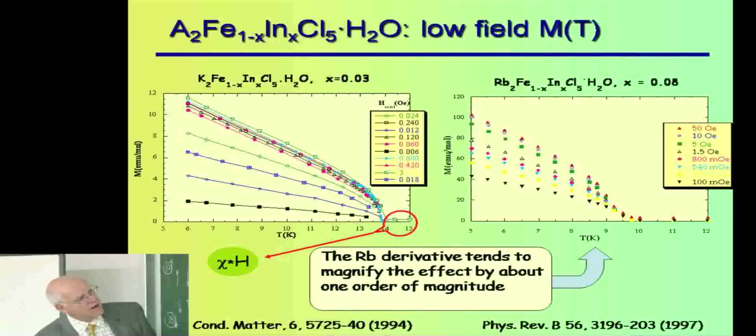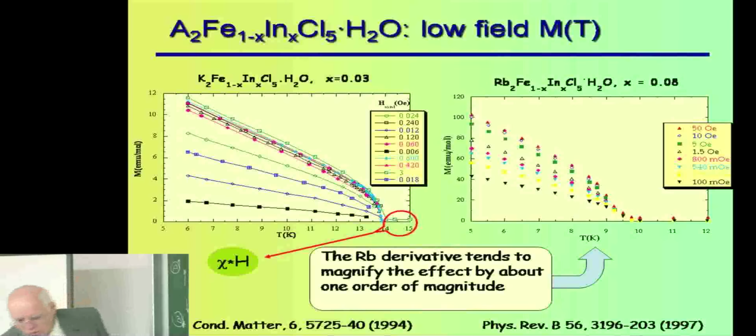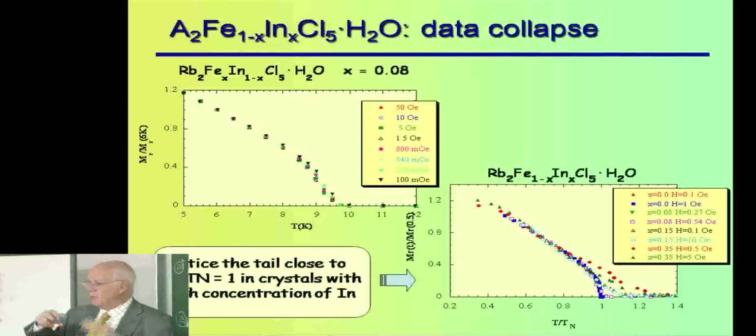Now you see the same phenomena, same problem. Let's correct for KH. And now I will go faster. So we correct it. We have the collapse. And then again, we can mix rubidium and potassium, and we have this collapse. Here we have some problems. These were due to the very, very diluted samples, where some lattice defects were also producing some problems.